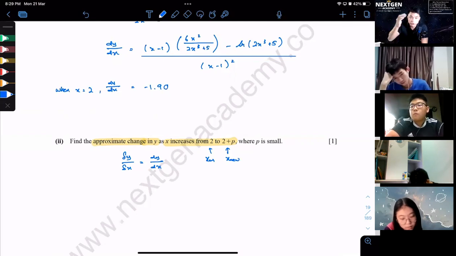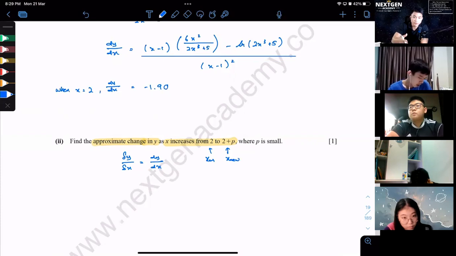If you follow the steps of delta y over delta x equals dy over dx, we normally need to find dy over dx first. Then we find the value of delta x or delta y, depending on what's given.